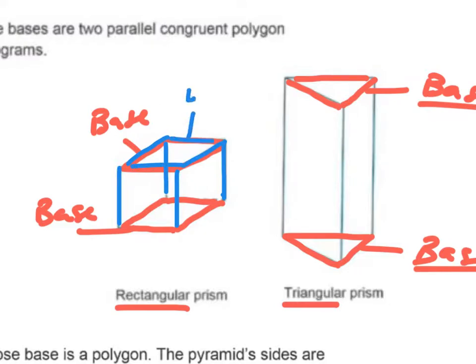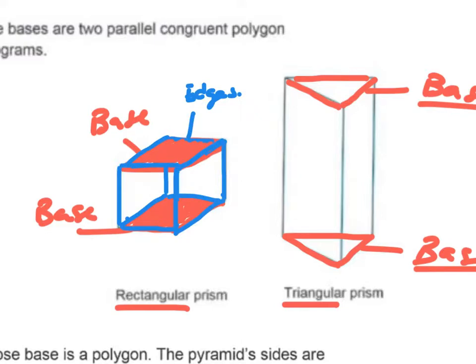So these are what we call edges. And your bases, I'm going to color the base in red. So we understand the difference between a base. Make sure we can see that. All these different parts here are edges, but the bases are the top and bottom parts.